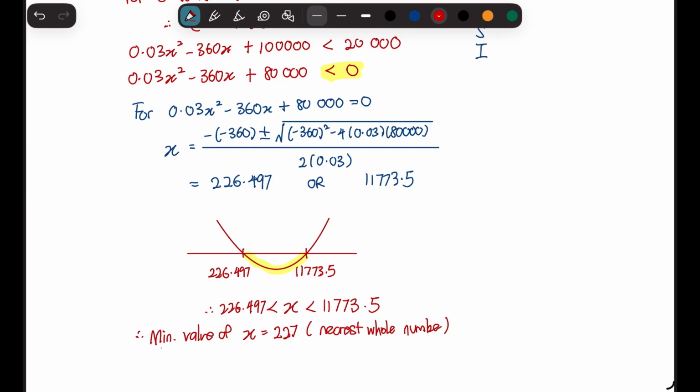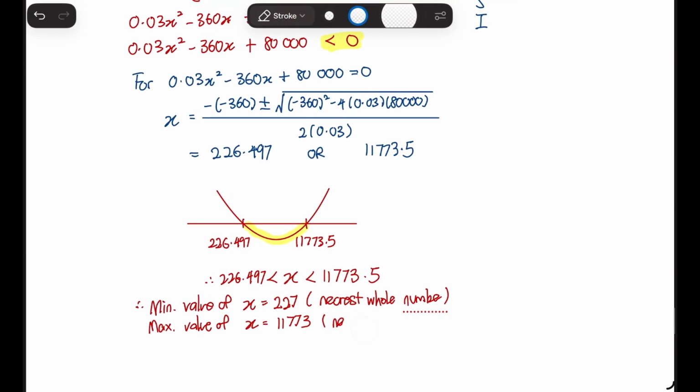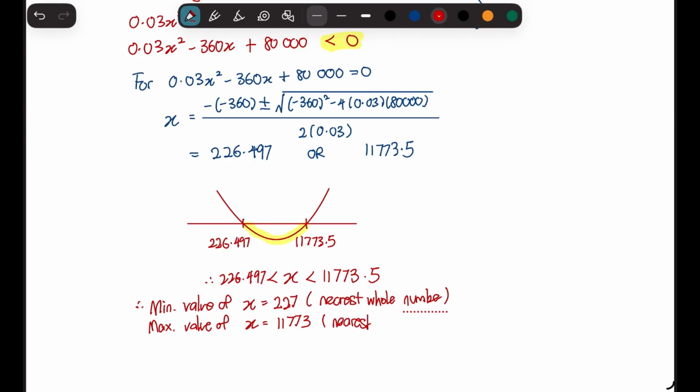Likewise, the maximum value of x is equal to 11773, based on the nearest whole number. I mean this is not the nearest whole number, but we are rounding down, based on the inequality.